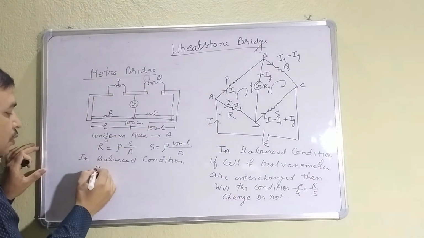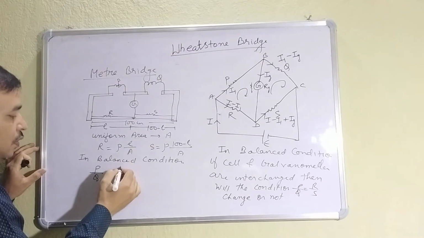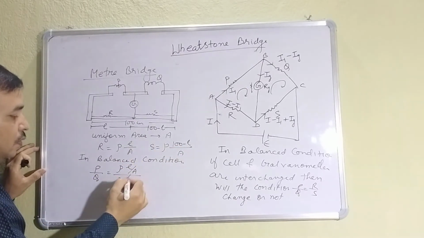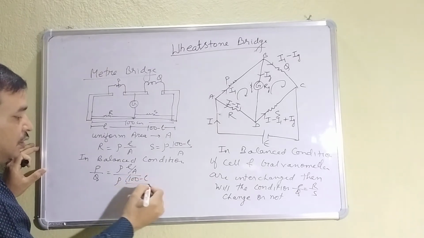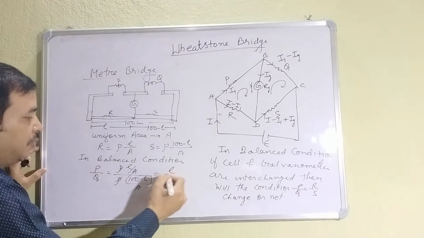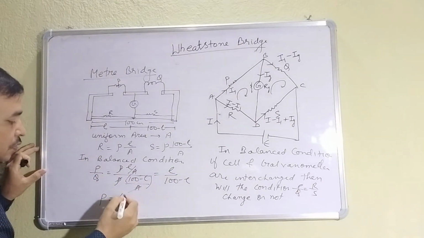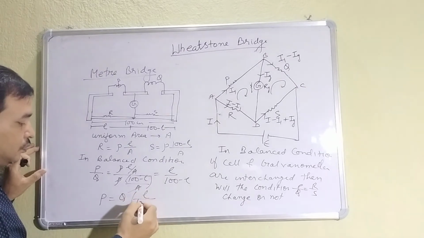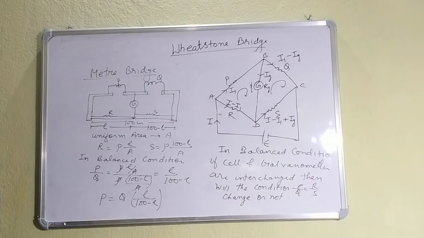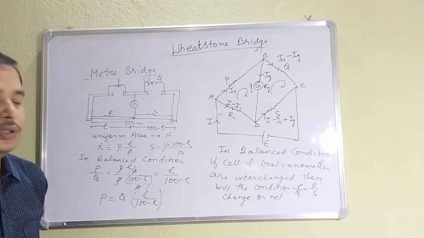So P by Q is equal to R by S. R is rho L by A, and S is rho (100 minus L) by A. So this will cancel out and it will be L by 100 minus L. If P is the unknown resistor, you can find it. This is the formula on which the slide wire or meter bridge works.